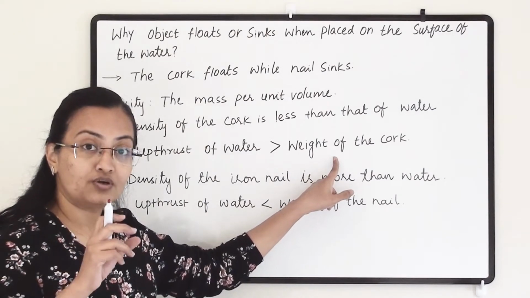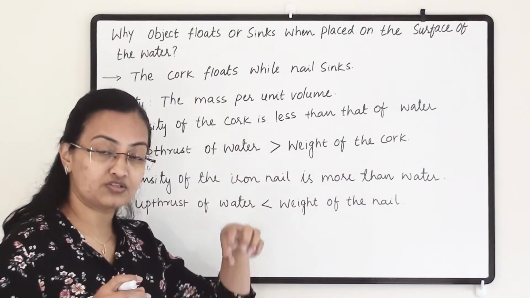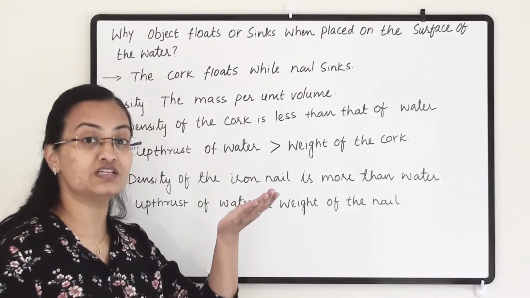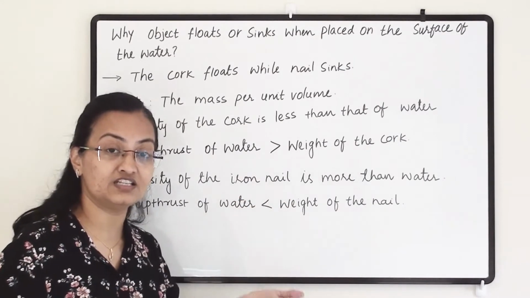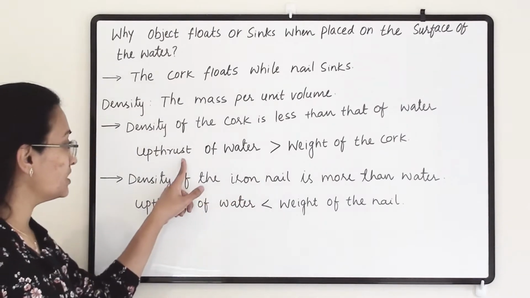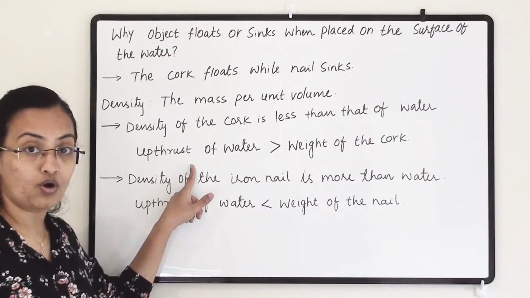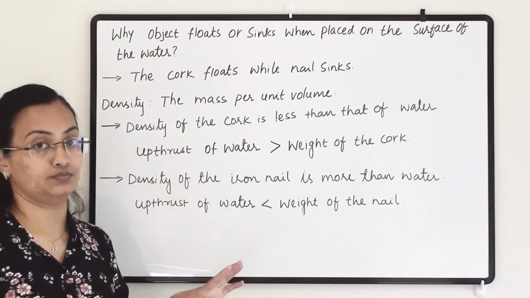The weight of the cork pulls it downward because of the gravitational force of the earth, but the upward force is higher and pushes it upward. So the upthrust force of the water is greater, and that's why the cork will float on the water.